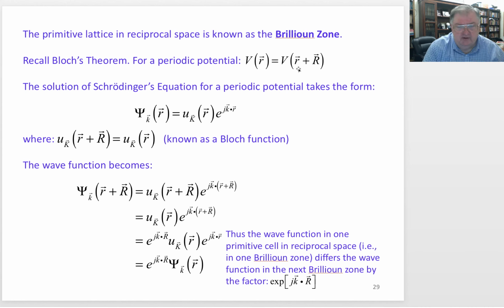And so indeed we have. The solution to Schrodinger's equation, when we have a periodic potential, takes on a special form. Here's the wave function. It has the usual kind of plane wave component, e to the j k dot r, but as a coefficient, it has a function known as a Bloch function, and the nature of this Bloch function is such that it is periodic.